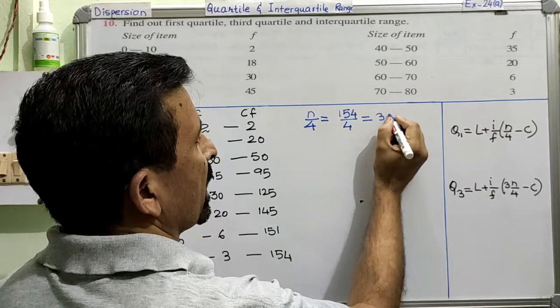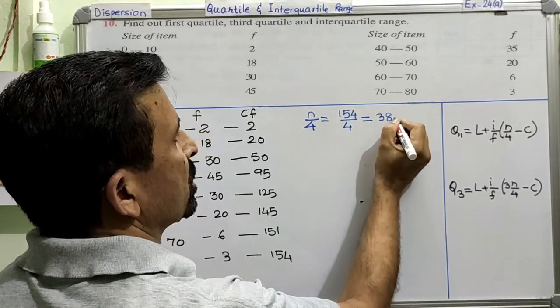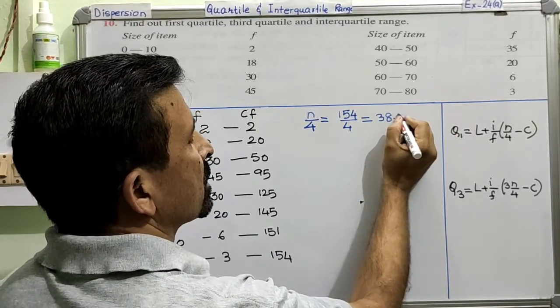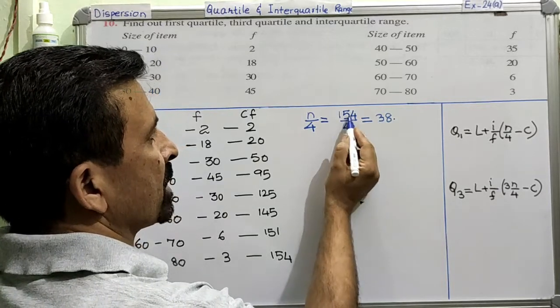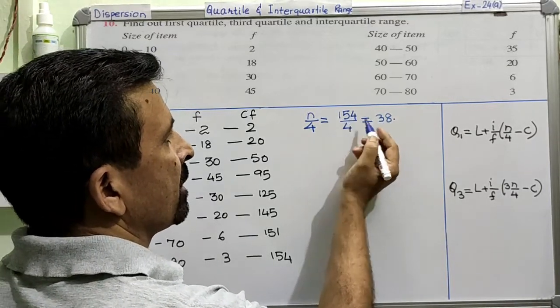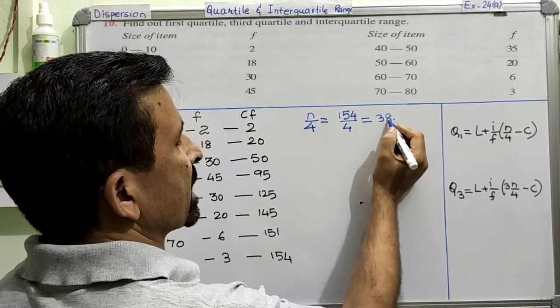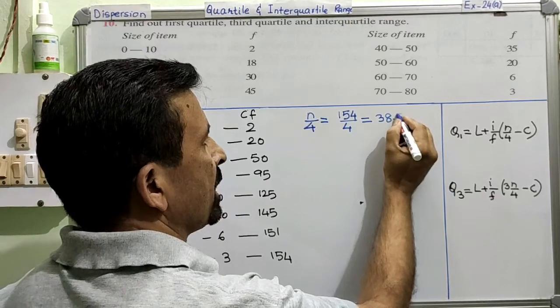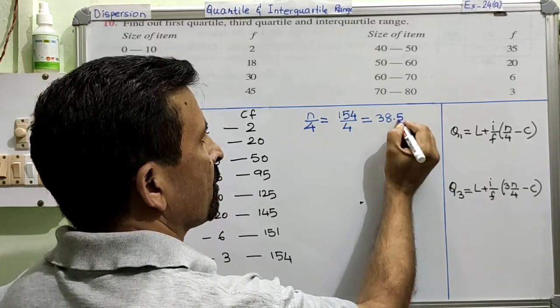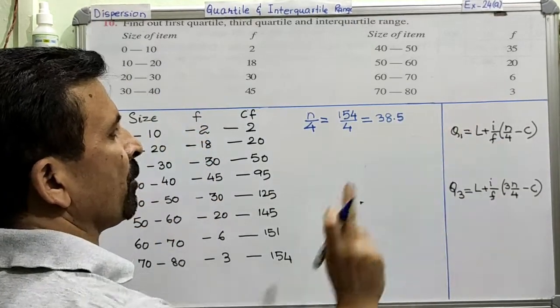So 4 8 is 32, 20. 4 5 is 20. This is your value of n over 4.